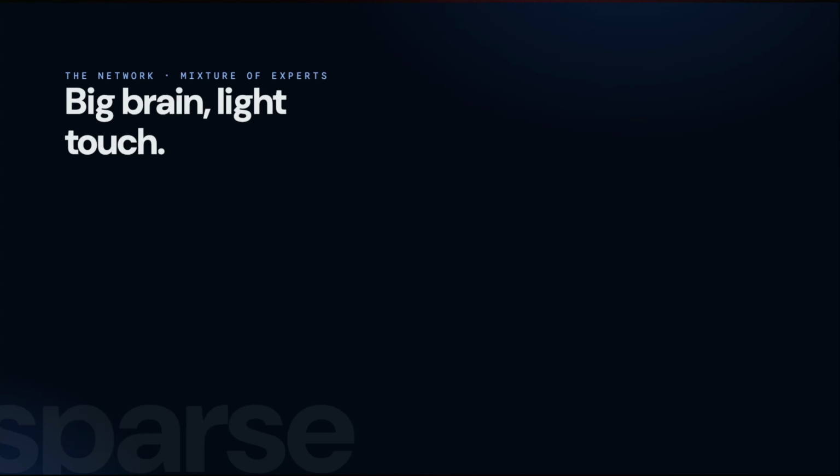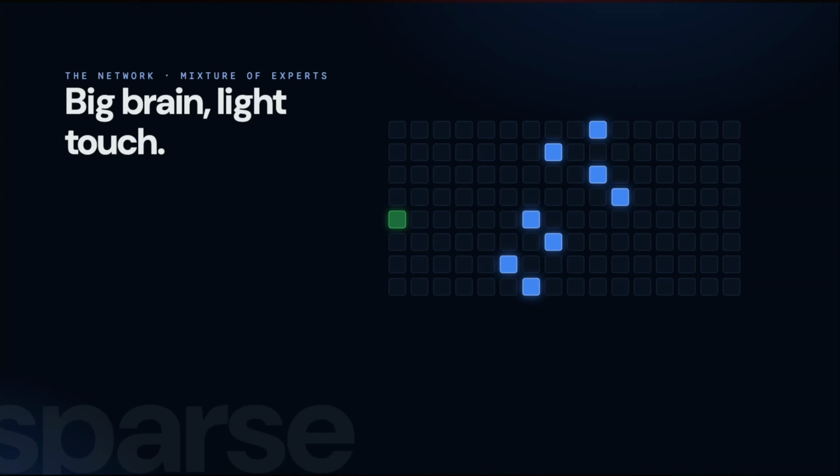Okay, so a quick look at the network itself, because the speed story depends on the network. The feed-forward layers are split into 128 experts, which produces this arithmetic: you have 25 billion parameters in total, but under 4 billion doing work for any given token.